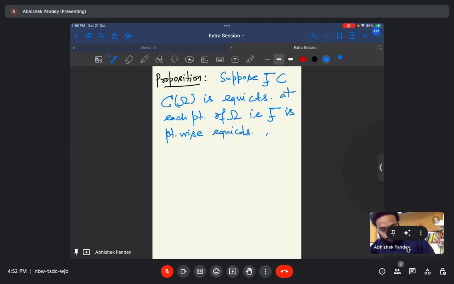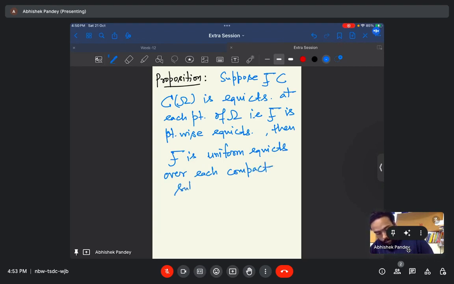Then F is uniformly equicontinuous over each compact subset of Ω. So this is quite a useful result.